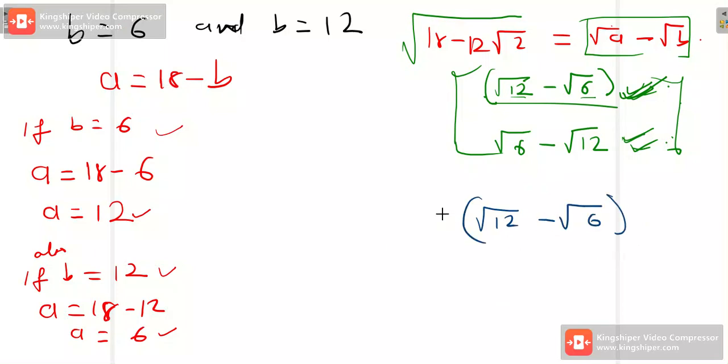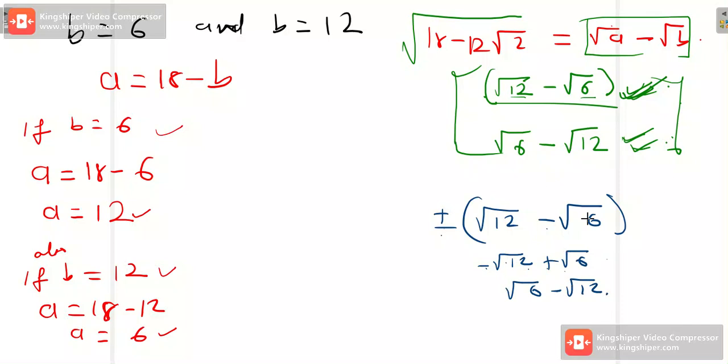Then you bring your plus or minus here. When you bring plus or minus here, it is just like writing both. When you take the positive aspect, you get root of 12 minus root of 6. And when you take the negative aspect, negative times root of 12 becomes negative root of 12, and negative becomes positive root of 6. And negative root of 12 plus root of 6 is just the same as root of 6 minus root of 12. So you see that this one has also come in.